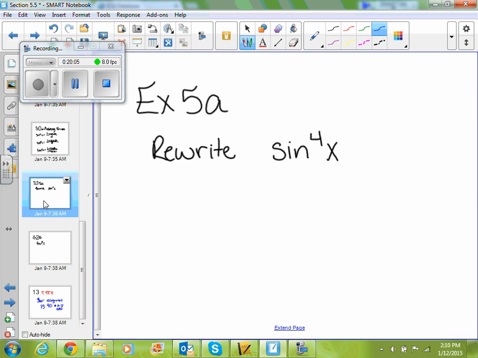Okay. So if I look at example 5a, I'm asked to rewrite sine to the fourth power of x. I don't have a formula to reduce a fourth power, but I do have a formula to reduce sine squared of x. I'm going to break this fourth into sine squared times sine squared, because then I can simplify each one.